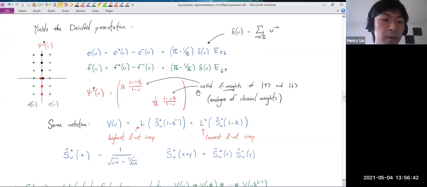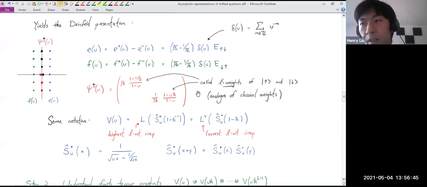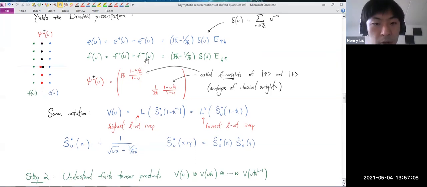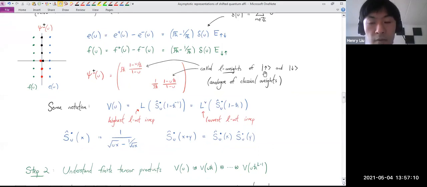So now instead of eigenvalues of a single operator in your Cartan, you think about an infinite series of eigenvalues for each coefficient of psi plus and psi minus. These series of eigenvalues form rational functions, and these rational functions are called loop weights. Here, this is the loop weight of the eigenvector up of psi, and this is the loop weight of the eigenvector down of psi.